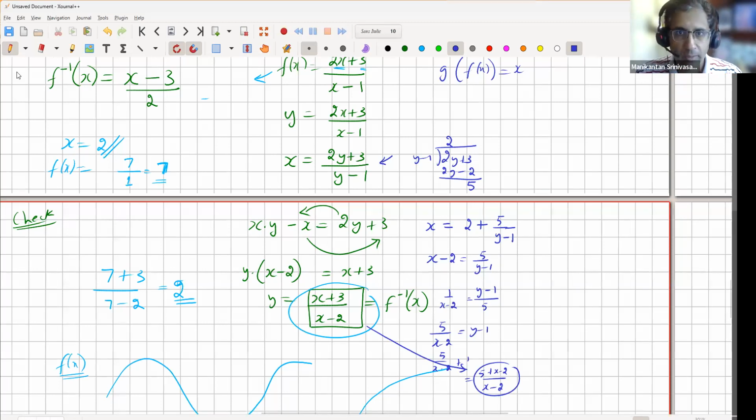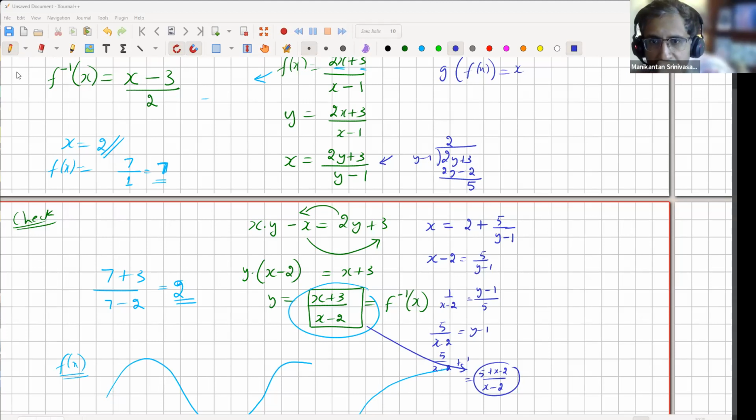I'm just going through what is left to be covered. If you look at function, domain, range, composite function, inverse. Okay. Before we go to transformation of functions, I want to do a few examples in functions.